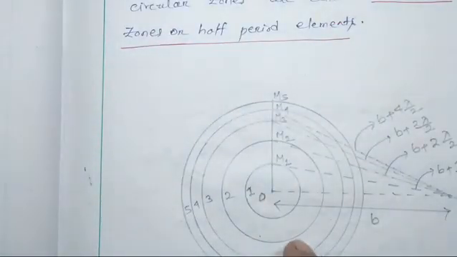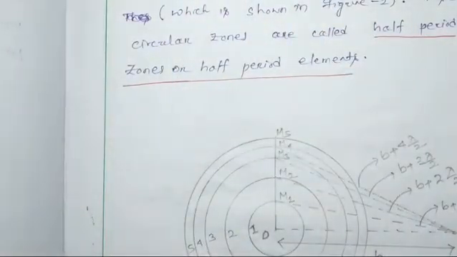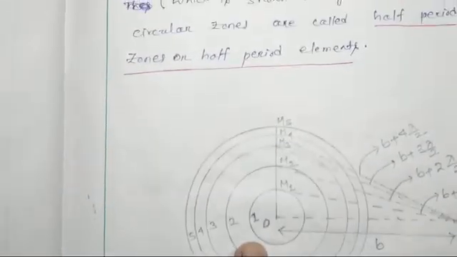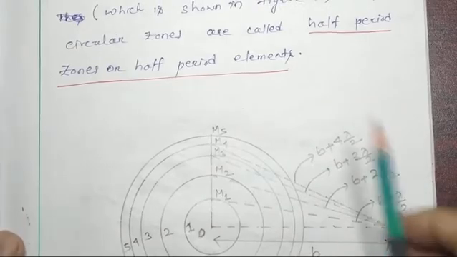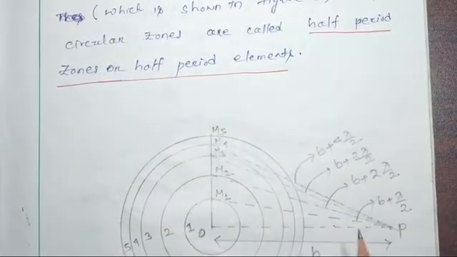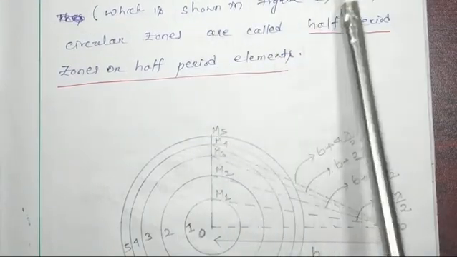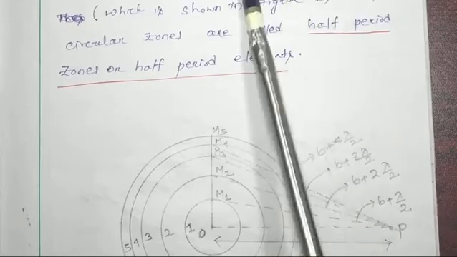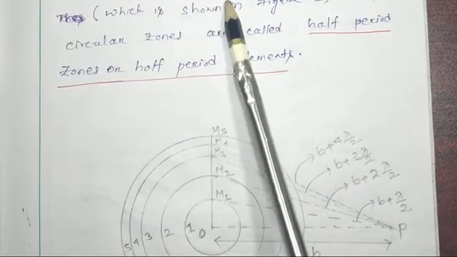In the text the same thing is written: with P as the center, the radius equal to B plus lambda by 2, B plus 2 lambda by 2, B plus 3 lambda by 2, etc., construct spheres which cut out circular areas of radii OM1, OM2, OM3, etc.